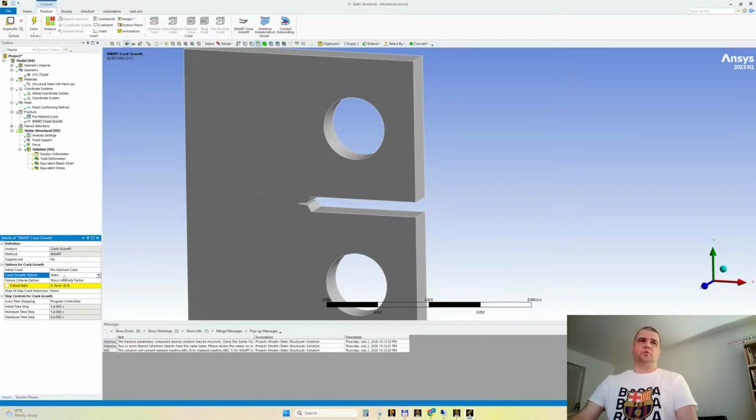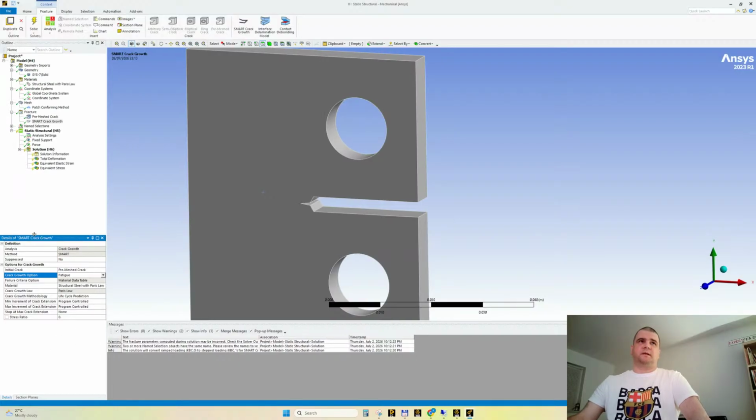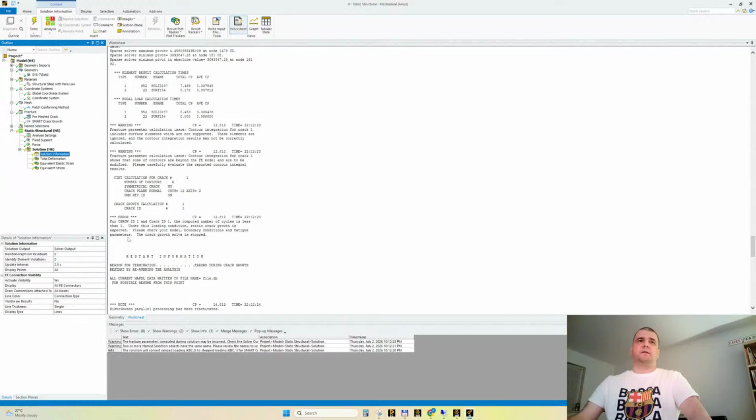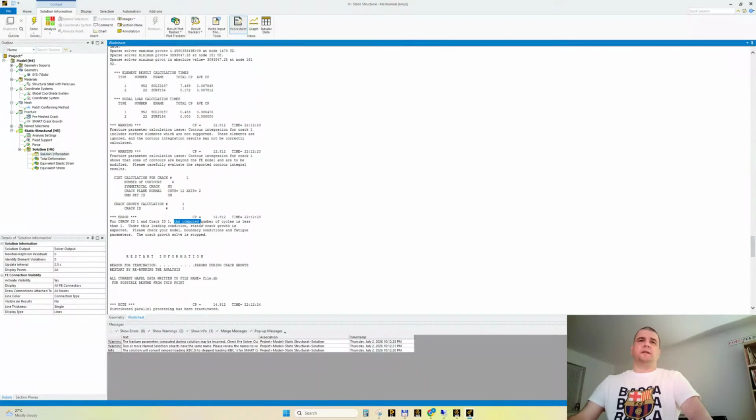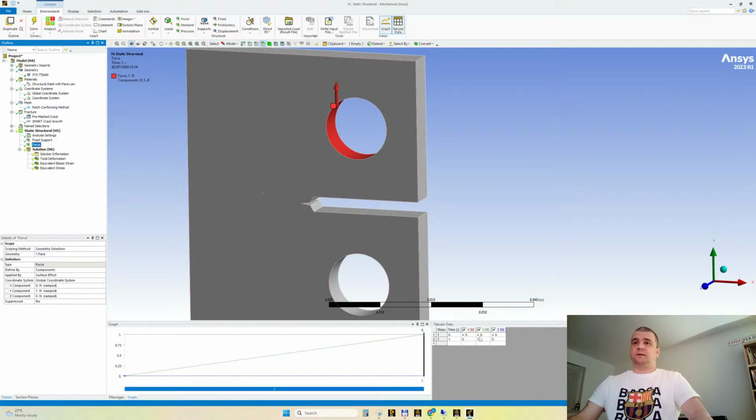If we have a too high force value, but because we want to stay in fatigue, we'll keep it like this. And this is why what we need to do is decrease the force load. This is my assumption at this moment. So, for example, let's make this 0.1.